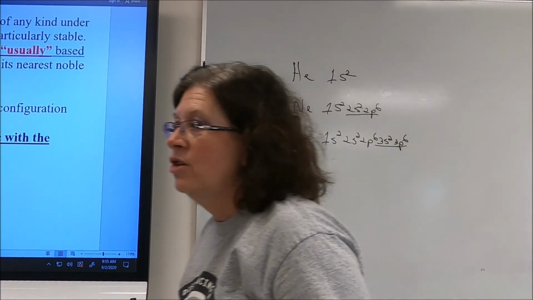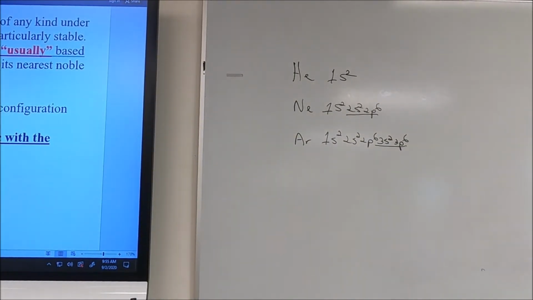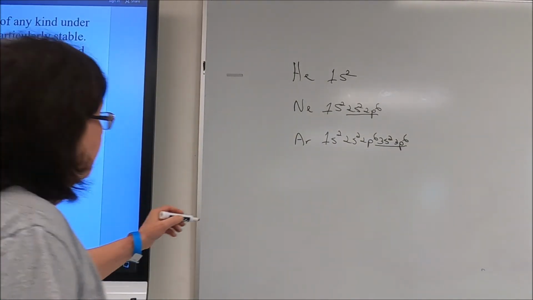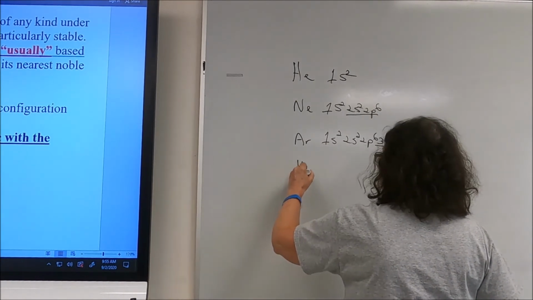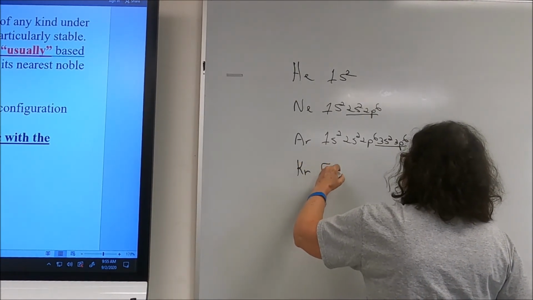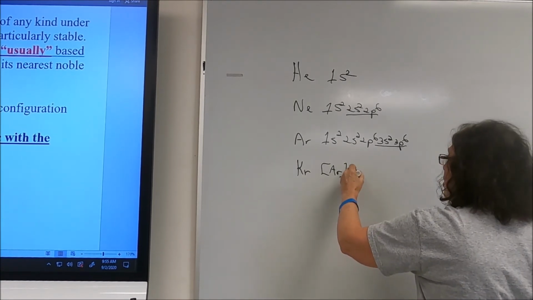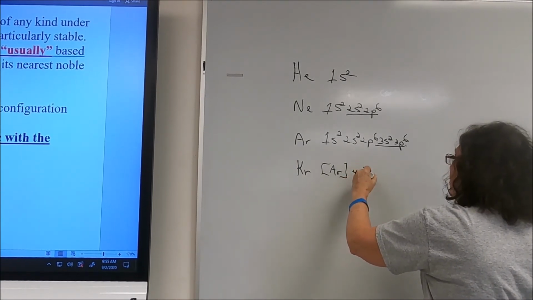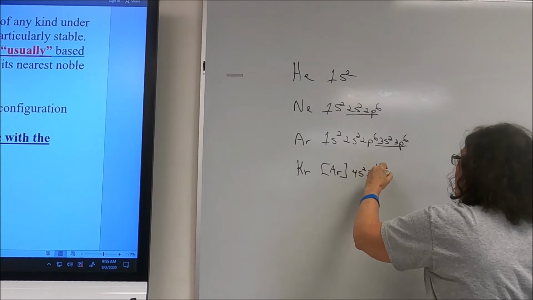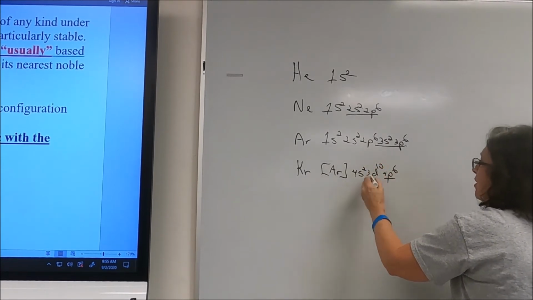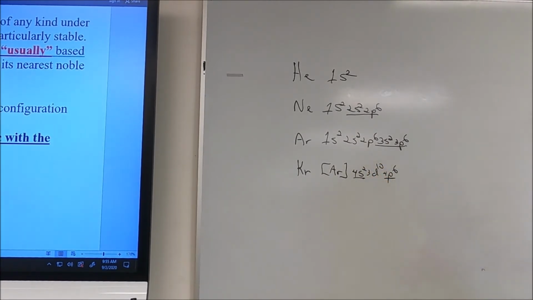If we go on to one below, I'll go to krypton, and I'm going to be lazy and use the abbreviated condensed form: argon, 4s2, 3d10, 4p6. The outermost shell has 8 electrons in it.